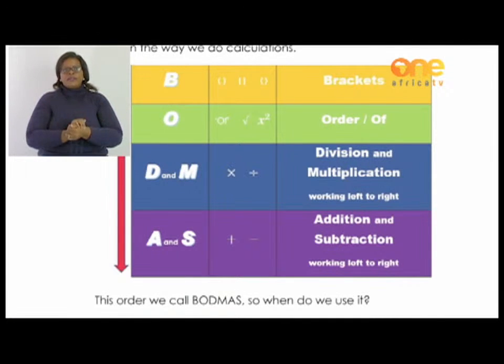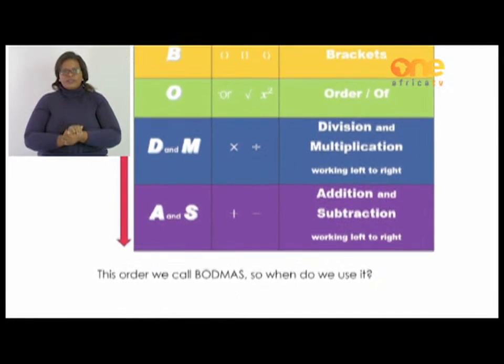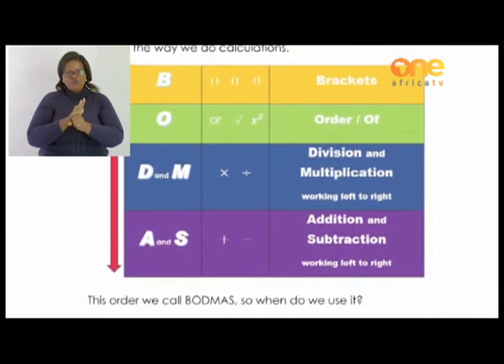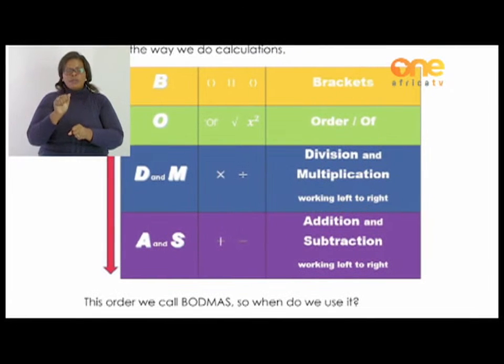Lastly, in the operation, we will do addition and subtraction, also working from left to right. So the order of operations is called BODMAS. So when do we use BODMAS?